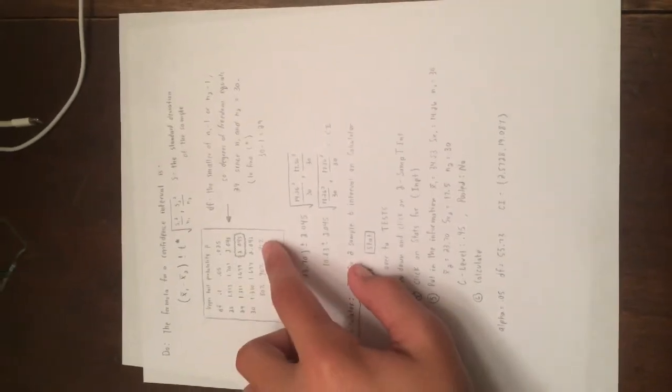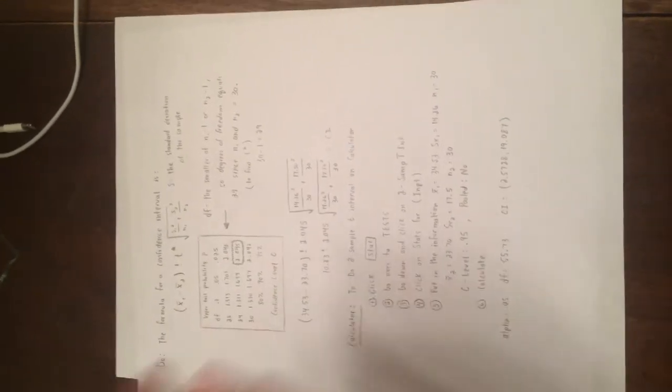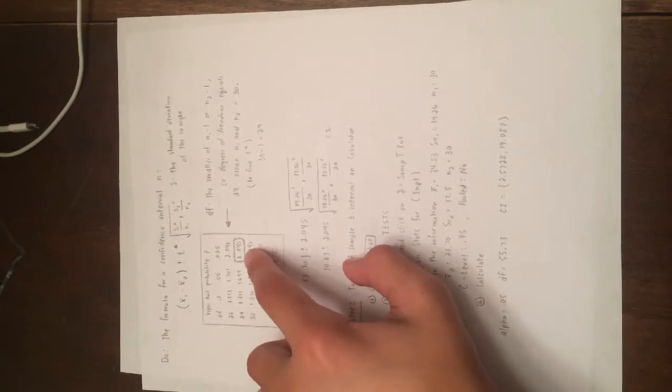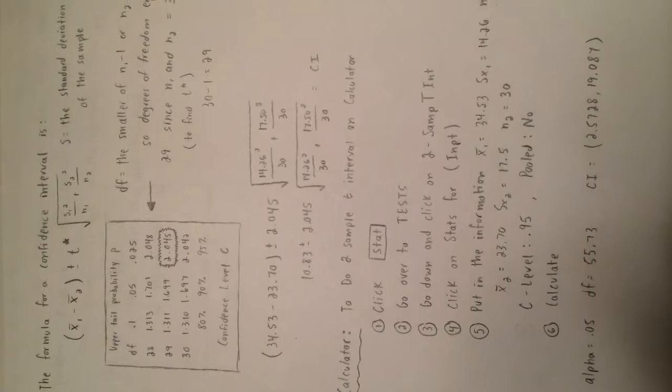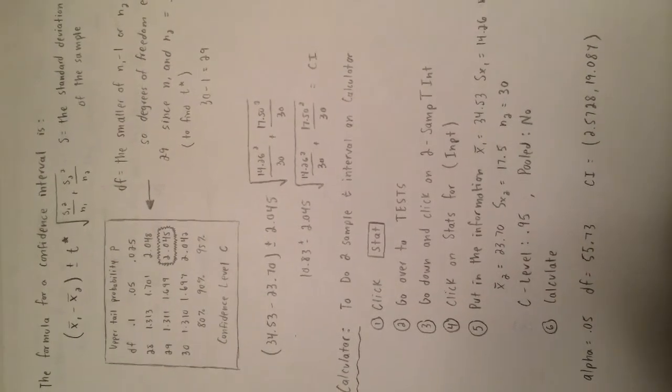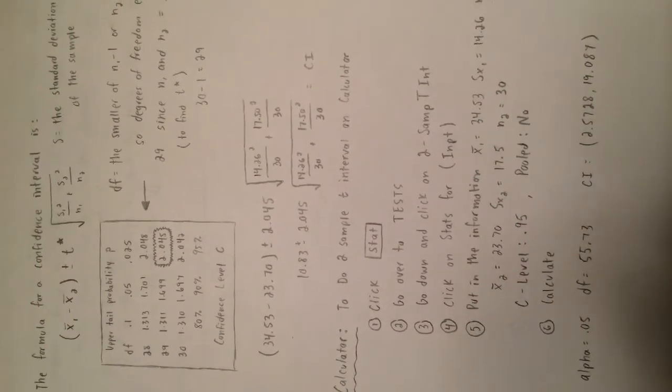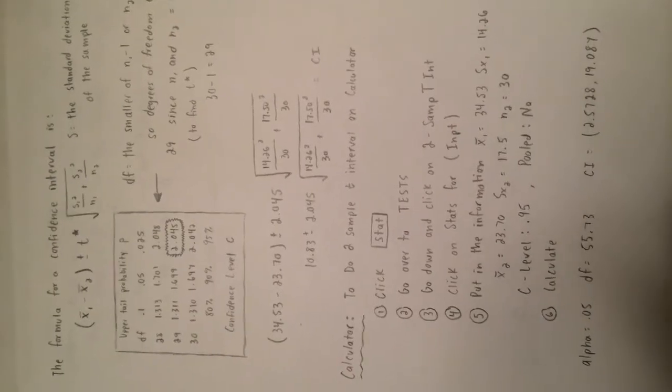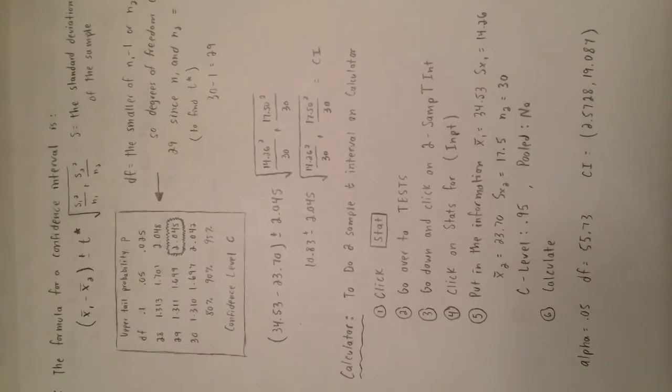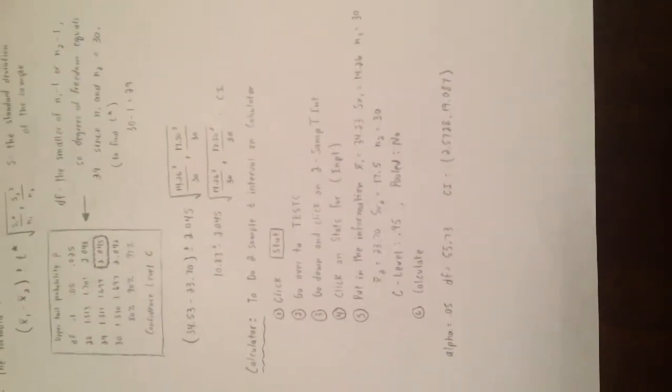We are using a 95% confidence level in this problem, so you just add up and it's right there. If you zoom in right here, that's all the information. But you can make errors when you put that into your calculator, so you can just let the calculator do everything.